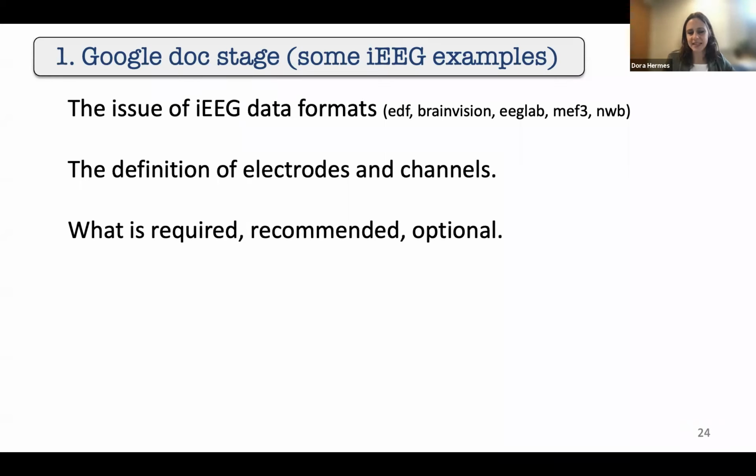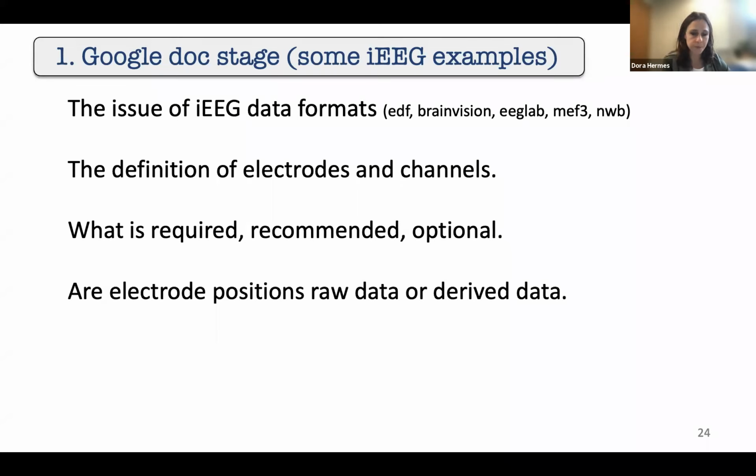Deciding on that distinction had to match what was in EEG and what was in MEG, so that people would know what to store and what not to store. For example, sampling frequency is essential. Units are always required. What kind of electrode type, whether it's EEG, ECoG, stereo EEG, or EKG, is required. There's a list of this in BIDS, the Brain Imaging Data Structure, of these kinds of issues.